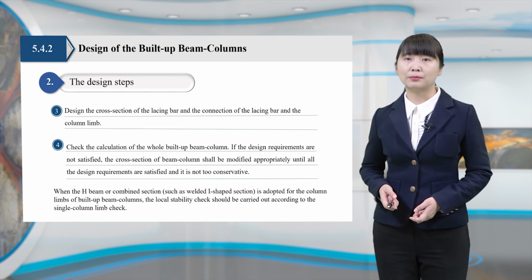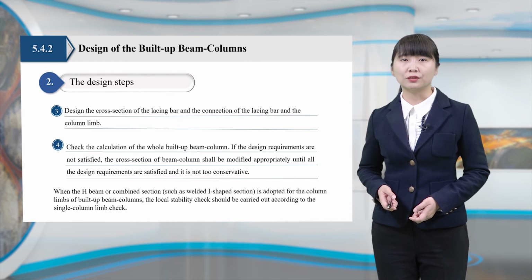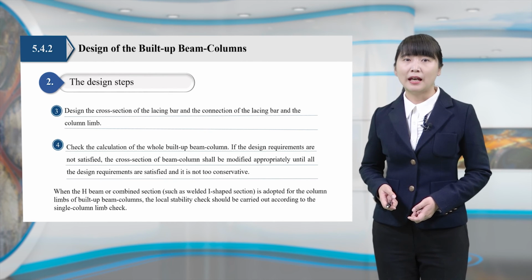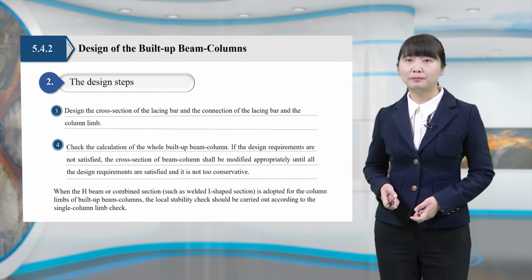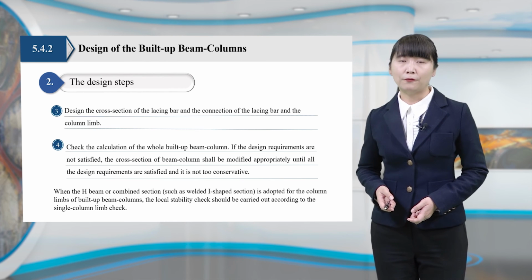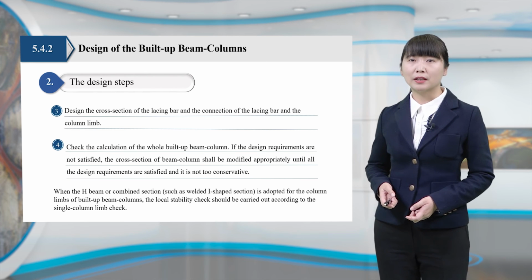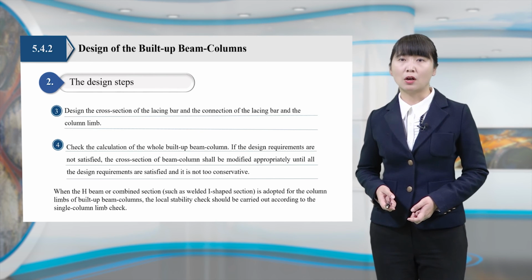The third step is to design the cross-section of the lacing bar and the connection of the lacing bar and the column limb. The fourth step is to check the calculation of the whole built-up beam column.